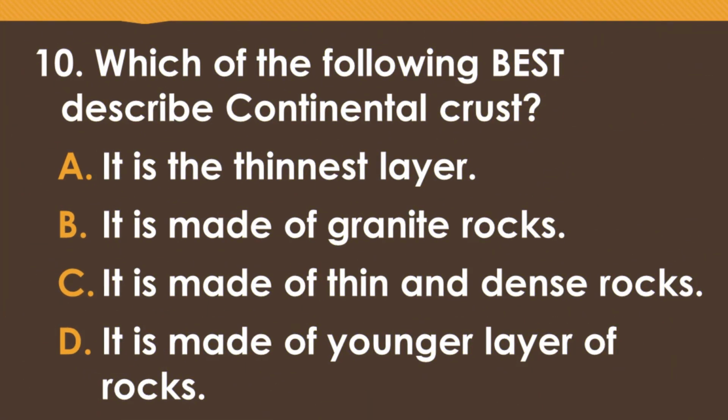And number 10. Which of the following best describe continental crust? A. It is the thinnest layer, B. It is made of granite rocks, C. It is made of thin and dense rocks, D. It is made of a younger layer of rocks.